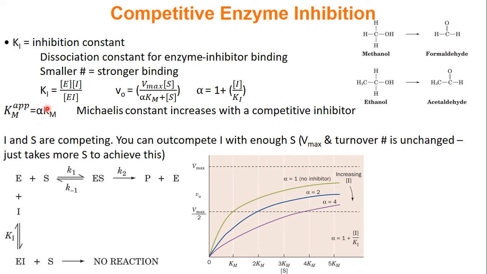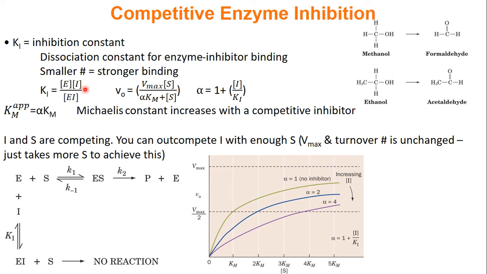So Ki equals the amount of free enzyme multiplied by the amount of free inhibitor divided by the inhibitor enzyme complex concentration, where a smaller number means stronger binding. Because if your number is smaller, that means the denominator is bigger, which means you have more complex than you do free inhibitor or free enzyme.